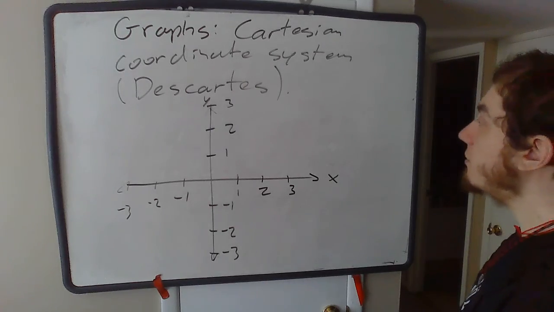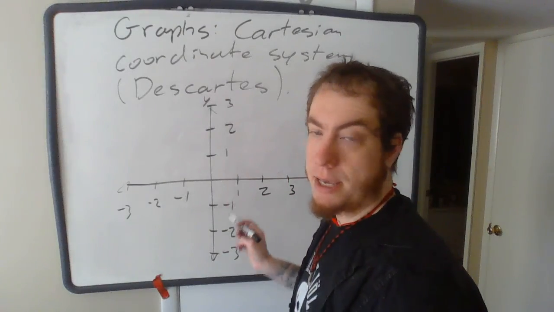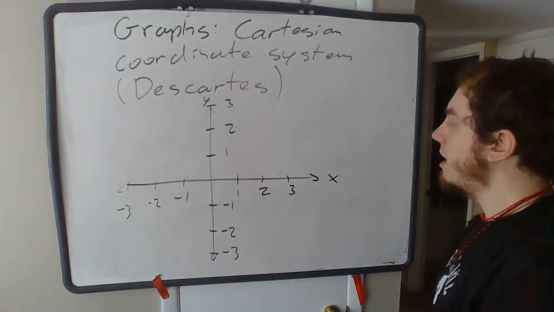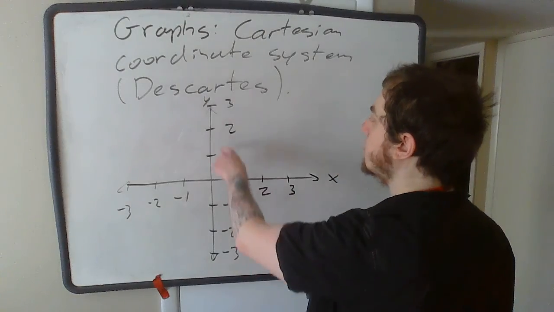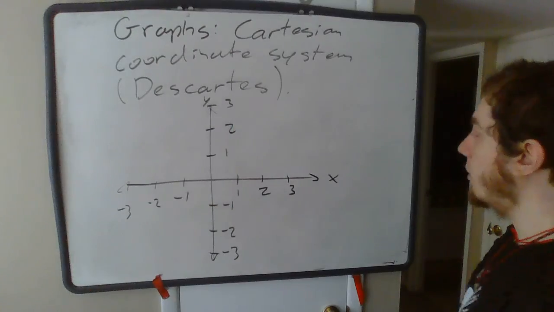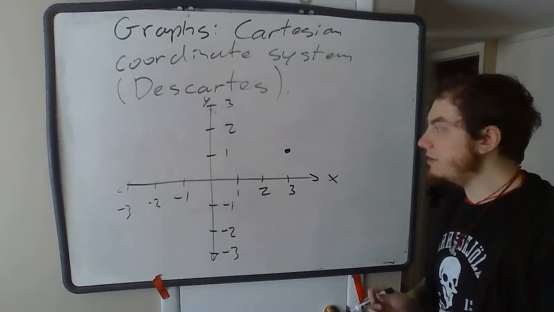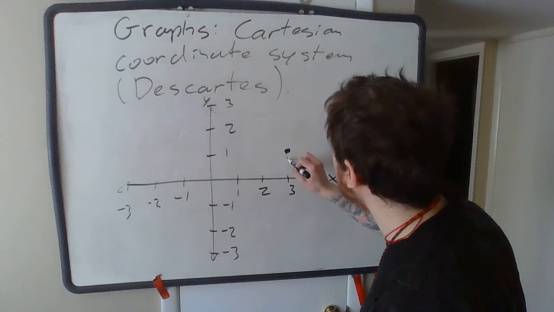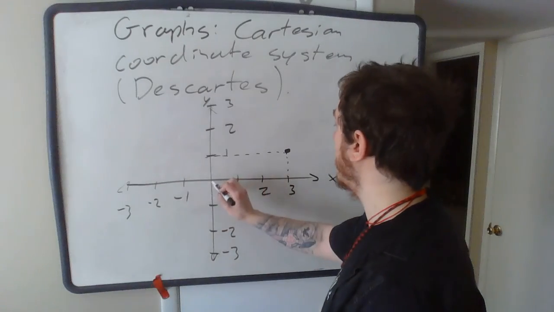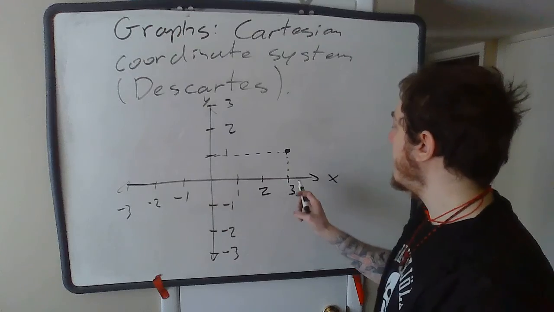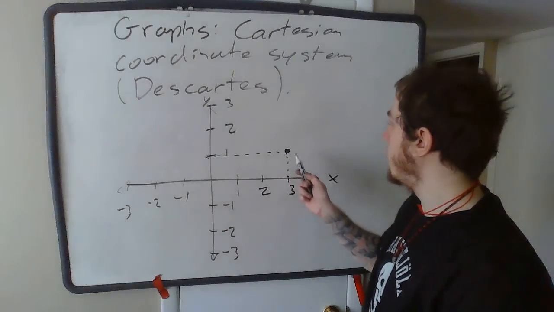And now, here is the idea. Any point in the plane can be described by giving how far along the x-axis you need to go and where along the y-axis you need to go. So, if I just mark this point on the plane, I can describe to you exactly where it is by saying, to get to this point, you have to go along the x-axis until you hit 3, and you have to go along the direction of the y-axis until you hit 1.